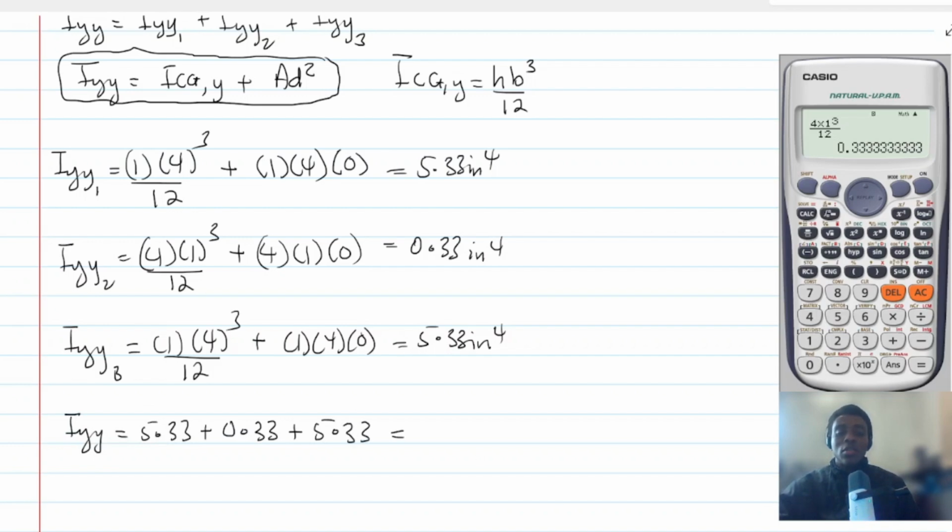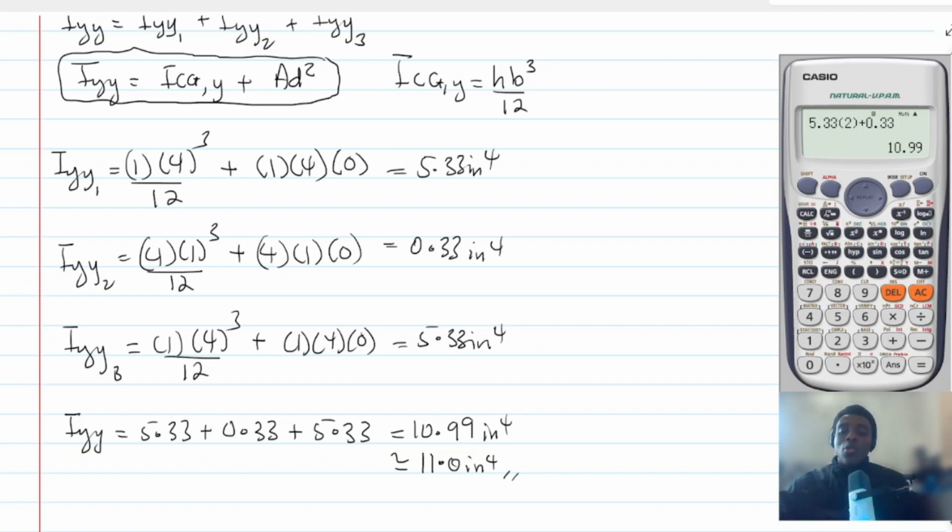And that is what? 5.33 multiplied by 2, plus 0.33. So that is 10.99, and 10.99 inch to the power 4 is almost the same as 11. So the final answer is actually 11.0 inch to the power 4.